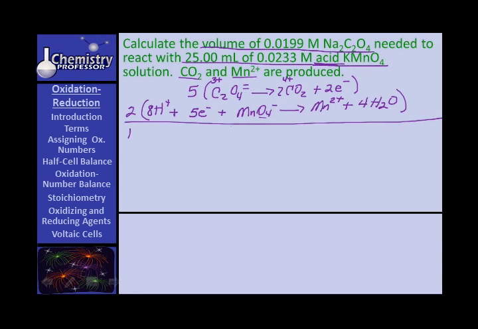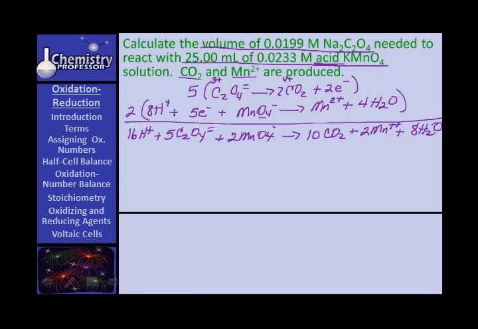And we have 16 hydrogen ions and 5 binoxylates and 2 permanganates, and that is going to produce 5 times 2 is 10 carbon dioxides and 2 manganese ions and 8 water molecules. But now I need to convert this to a molecular equation.